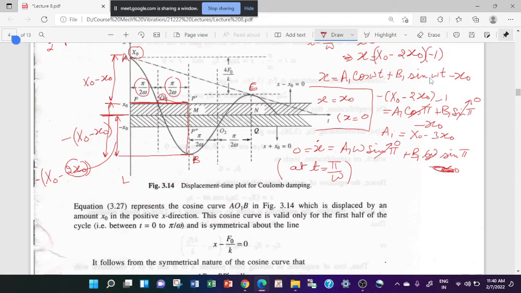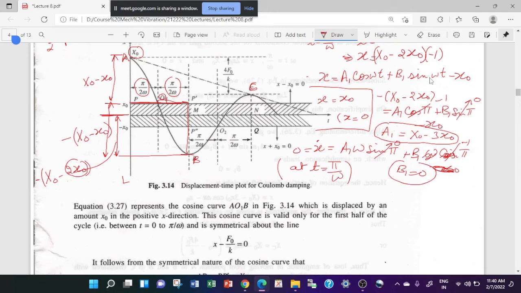Sorry, this is your cos pi, which is equal to minus 1 here, but it will give b1 is equal to 0. So you are having a1 given by this and b1 given by this.